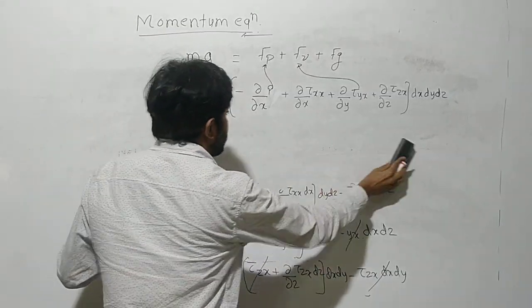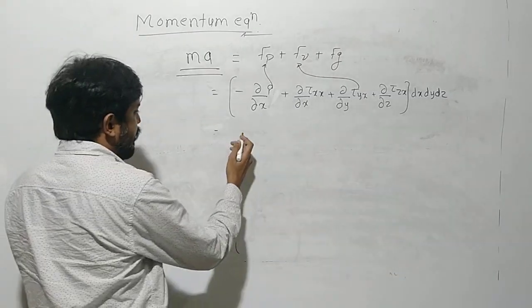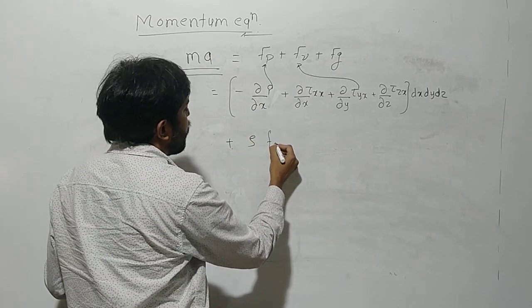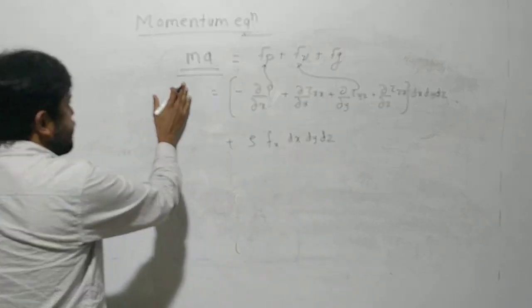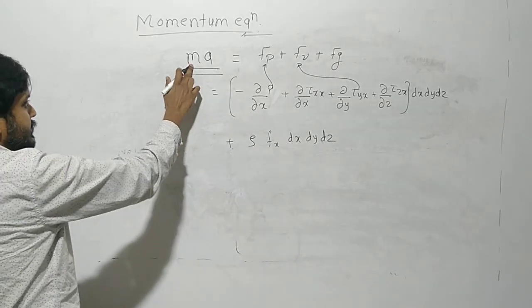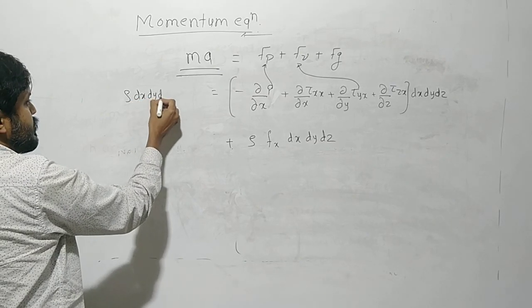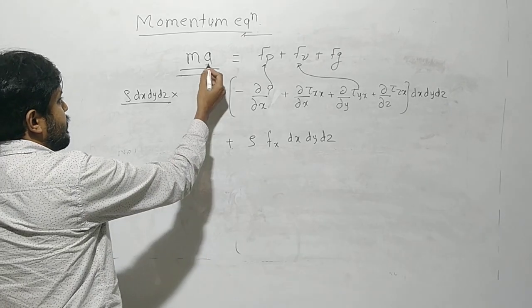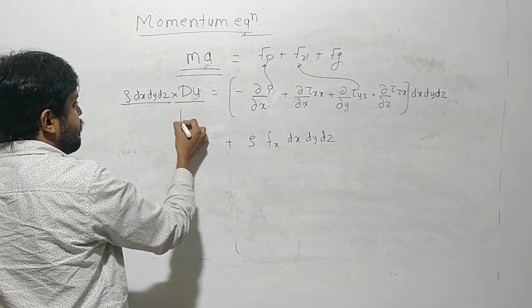The gravity force is plus rho f of x dx dy dz. So what is on the left-hand side now? Mass: density into volume, dx dy dz into density, which is nothing but your mass. Then acceleration, so the total derivative of velocity in the x direction.